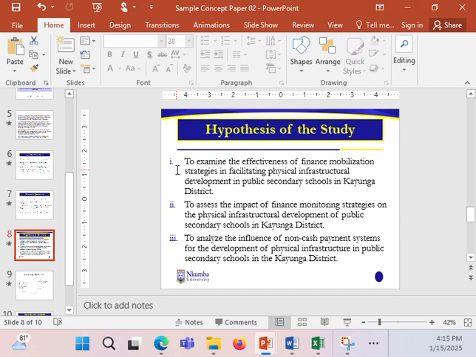In other words, we call them presumptions. The researcher assumes that something is happening and is sure that is what is happening until he disproves it or approves it by conducting research.